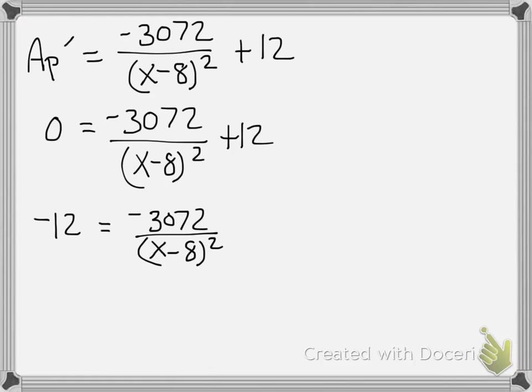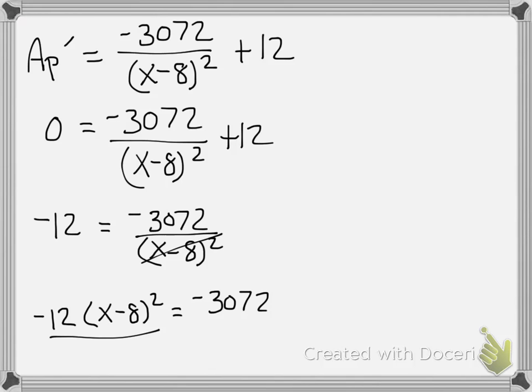And you will multiply both sides by the (x minus 8) squared. So that side will cancel. So we have negative 12 (x minus 8) squared is equal to negative 3072. Then divide both sides by negative 12.